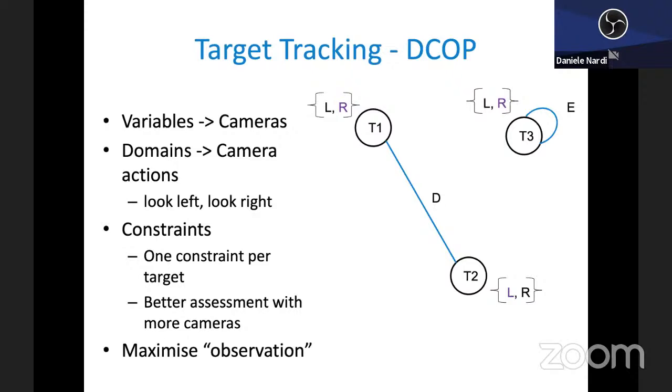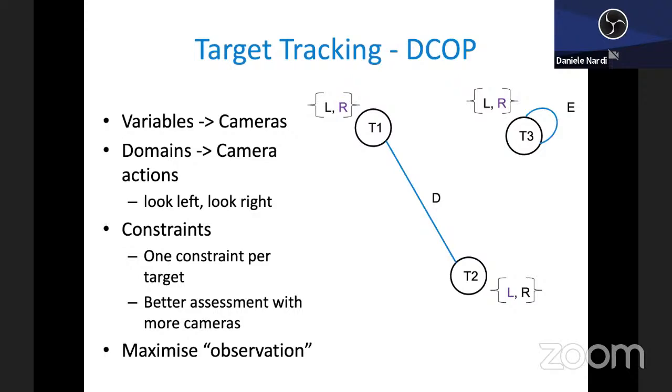Typically, we have one variable for each agent, where in this case, the agents are the cameras. So we have 3 variables here, one for each camera, and each variable can take a value which is left or right. So we have only 2 positions for each camera. And the constraint is that every target should be under the view of one camera.